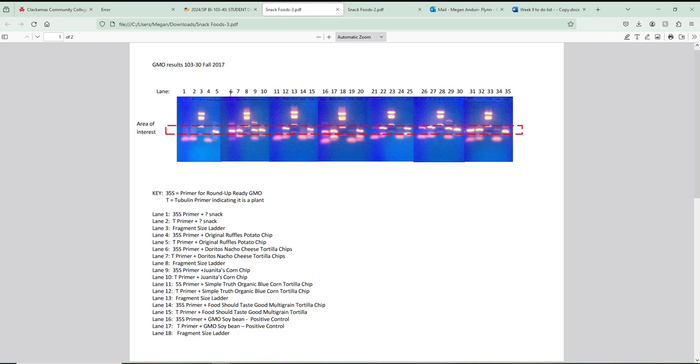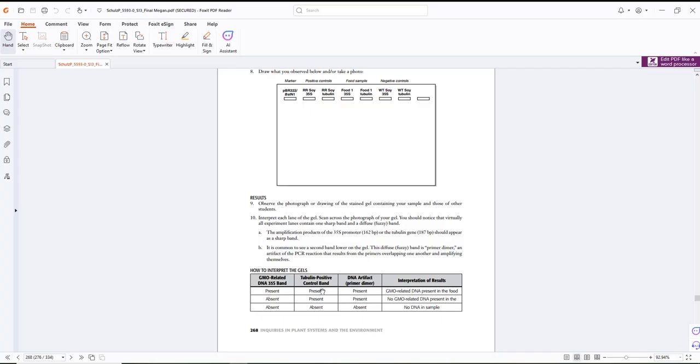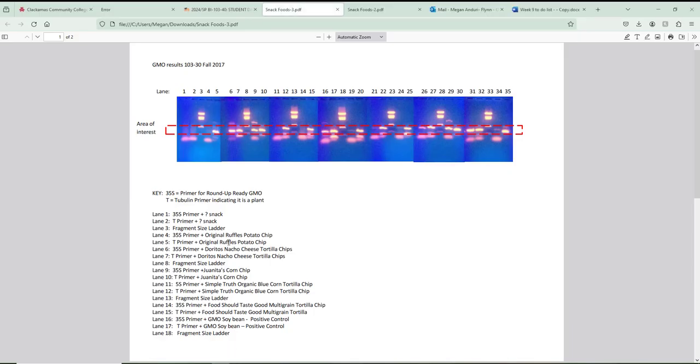But if we go over to lanes 6 and 7, we see that the first lane has a band, and the second lane also has a band. These two bands indicate that Doritos Nacho Cheese tortilla chips have GMO related DNA present in the food. So original Ruffles potato chips are not a GMO food, but we cannot say the same for Doritos Nacho Cheese tortilla chips.